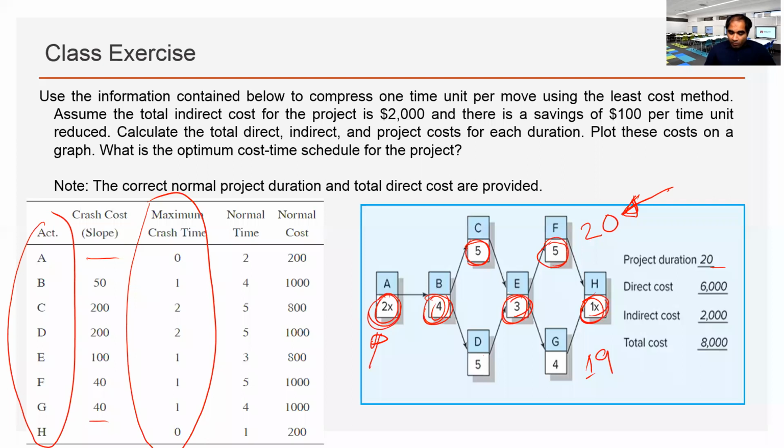F, 40. Okay, so did you get the point of actually what is more effective in reducing the project duration with the minimum cost? So F is the lowest cost, and it is on the critical chain with the minimum cost of 40. Okay, so why not F?